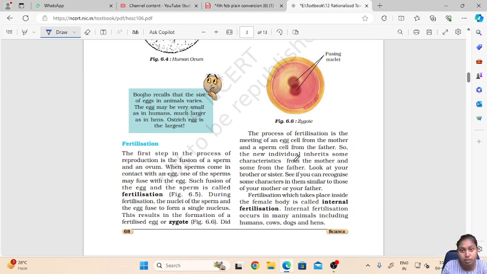So you might have seen your friends saying, you look like your mother, you look like your father. So this is because you are formed from your mother's egg and the father's sperm when they combine together.